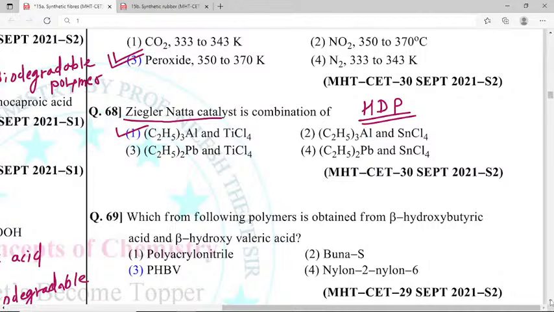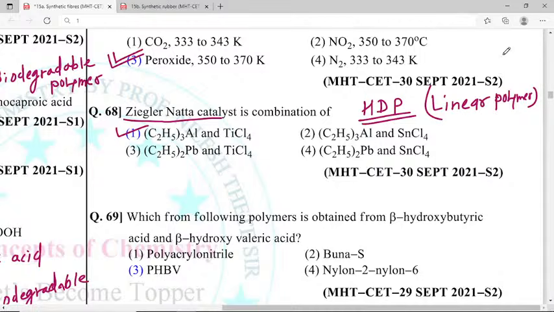It is used for making linear type polymer. High density polythene is a linear polymer. So this is triethyl aluminium and titanium tetrachloride. This is the answer.